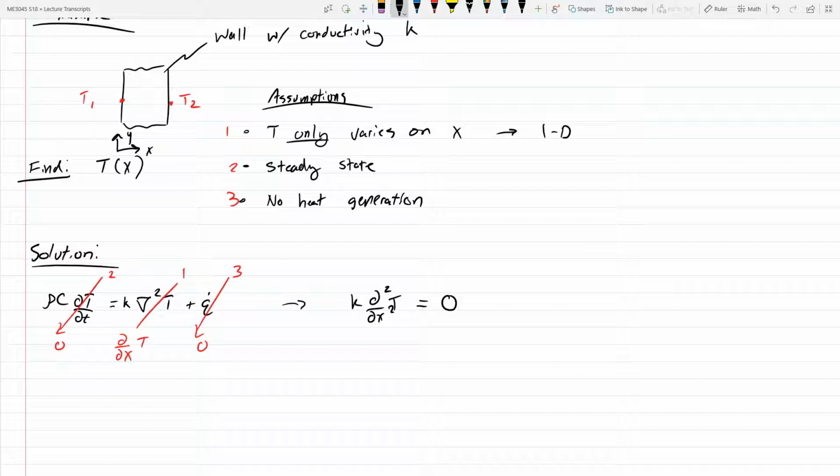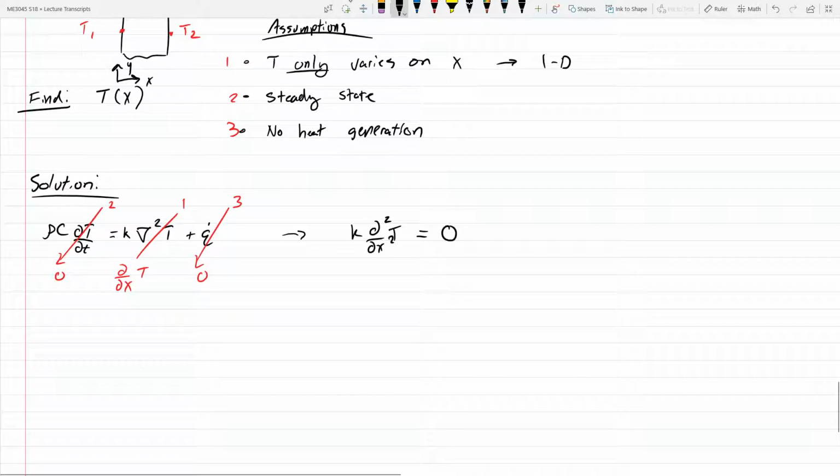Which is pretty trivial to solve, really. If we integrate twice, okay, we end up with T is equal to C1 x plus C2. All right?